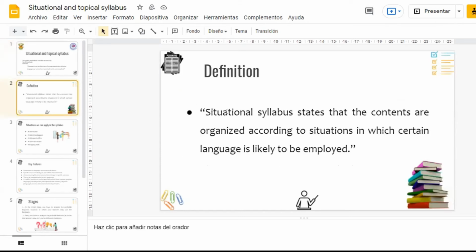First of all, the definition: situational syllabus states that the content has to be organized according to situations in which certain language is likely to be employed. I think this is going to be a little familiar for us because it has some features it shares with the lexical approach.